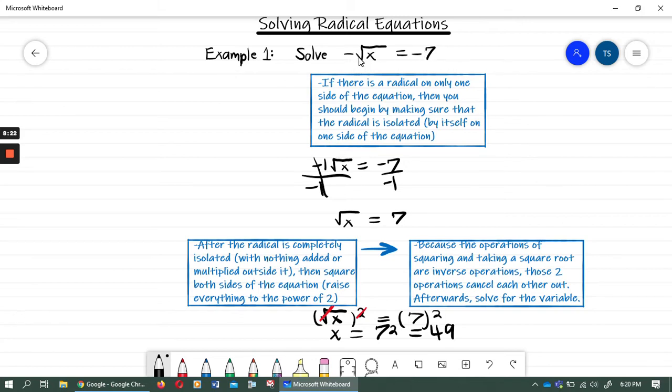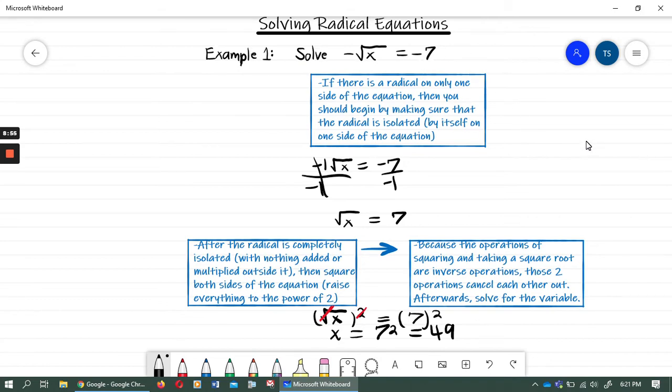I know that this works because the square root of 49 is actually 7, and when you multiply that times -1, you get -7. But I'm not going to show that with each of these examples. We should always plug in and check to make sure that we have the correct answers by plugging them back into our original equations.